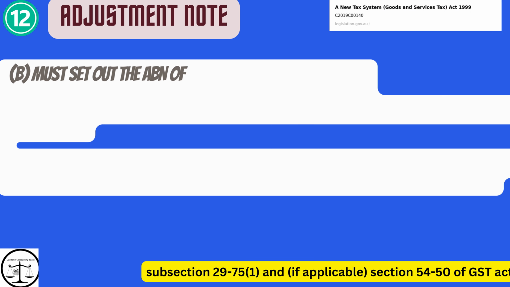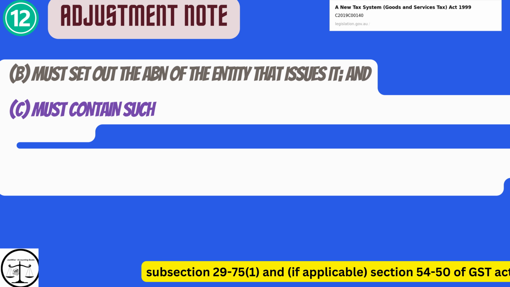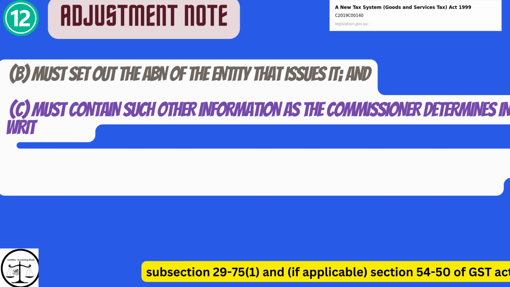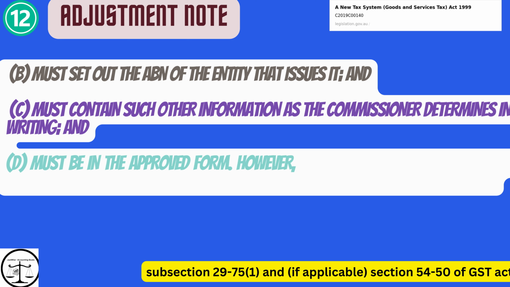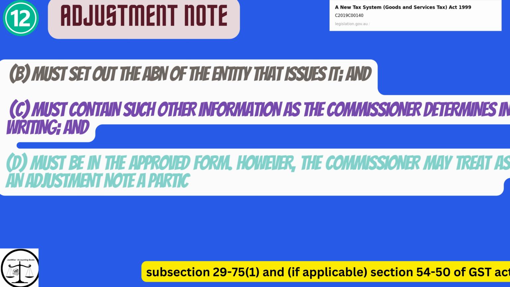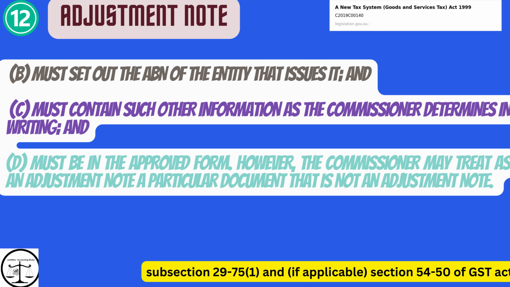And B. Must set out the ABN of the entity that issues it, and C. Must contain such other information as the Commissioner determines in writing, and D. Must be in the approved form. However, the Commissioner may treat as an adjustment note a particular document that is not an adjustment note.